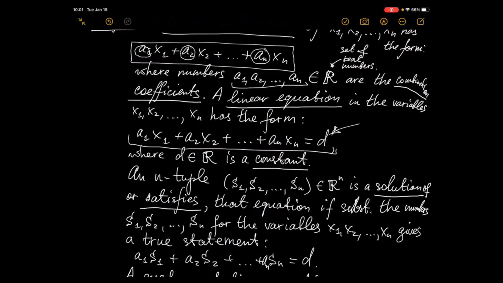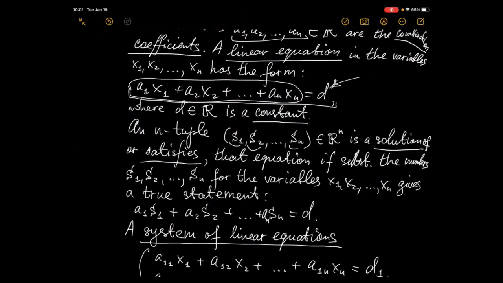So the solution of this linear equation is a set of numbers s1, s2, ..., sn which, when substituted into this linear combination, will give you a true statement.